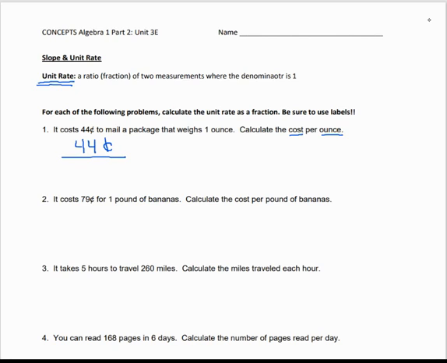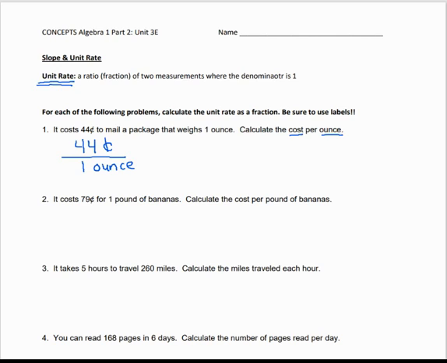Per means the fraction bar, 1 ounce. So if I look at that fraction, guys, is that a proper unit rate? Is the denominator 1? It is. So we're done. There is my unit rate, 44 cents per 1 ounce. Basic. Questions?